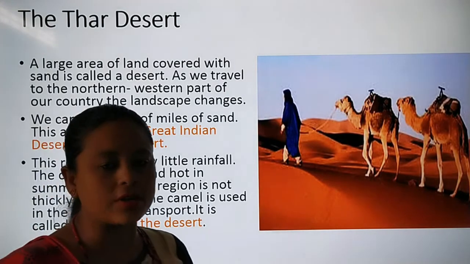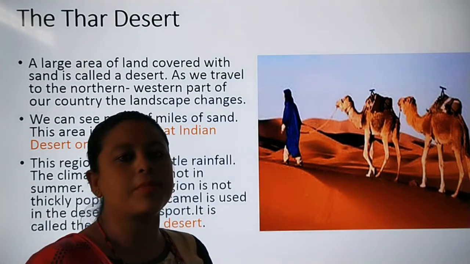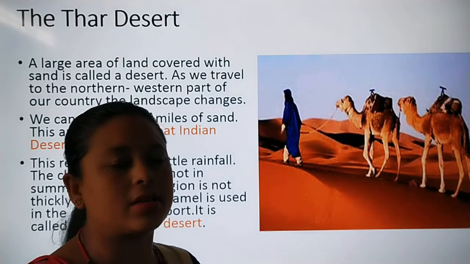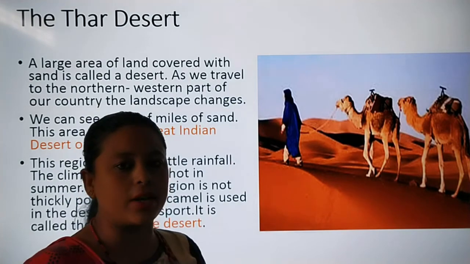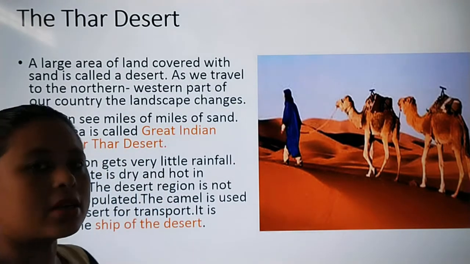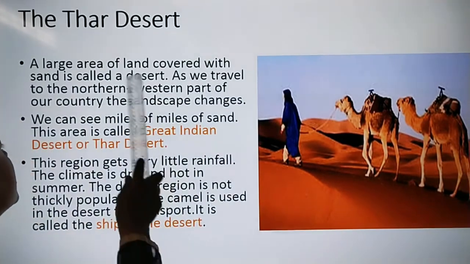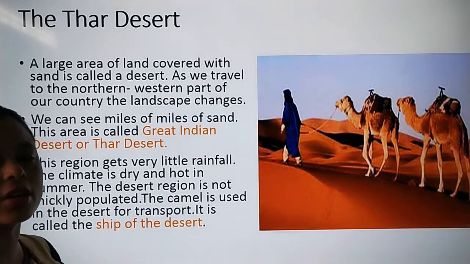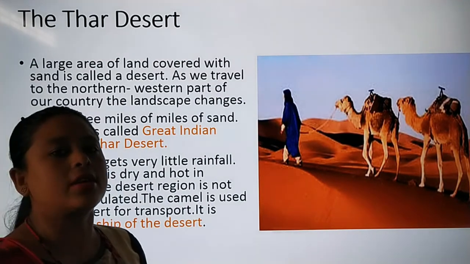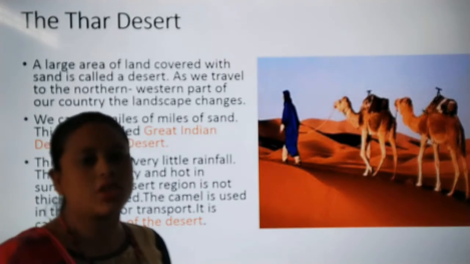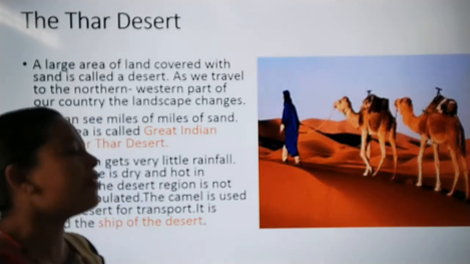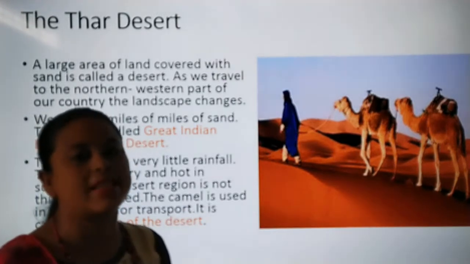So, children, as we all know, desert means a land which is covered with sand only. In the northern western part of our country, when we reach there, the landscape changes. We found miles of sand.